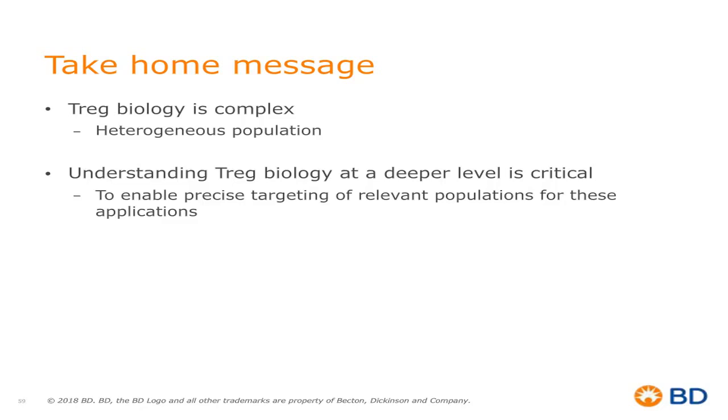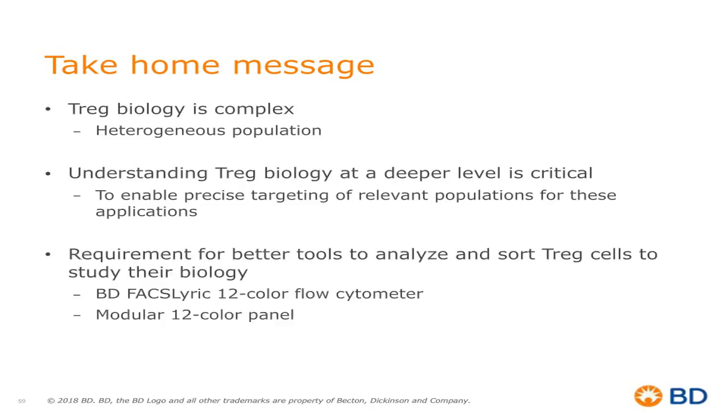And using panels like this and using these types of approaches can allow you to interrogate deeply within these populations. And using newer, higher dimensional analysis tools, you can better study and visualize your cells of interest. And these were all done on a BD FACSLyric 12-color flow cytometer, again using a modular 12-color panel approach.